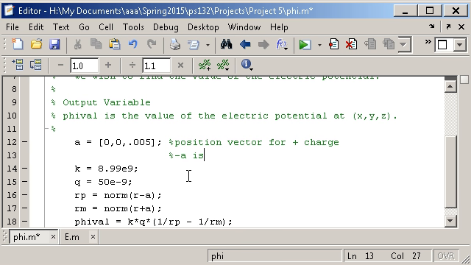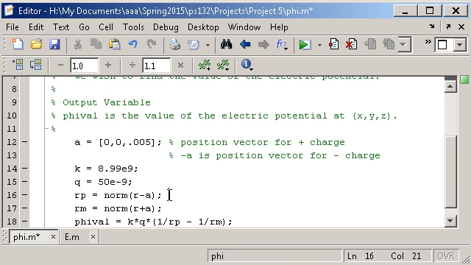Minus A is the position vector for the negative charge. Alright, this is obviously Coulomb constant. I'm going to put this down. Yeah, to me, things are a little less self-explanatory in this code than they have been in some of my other code.